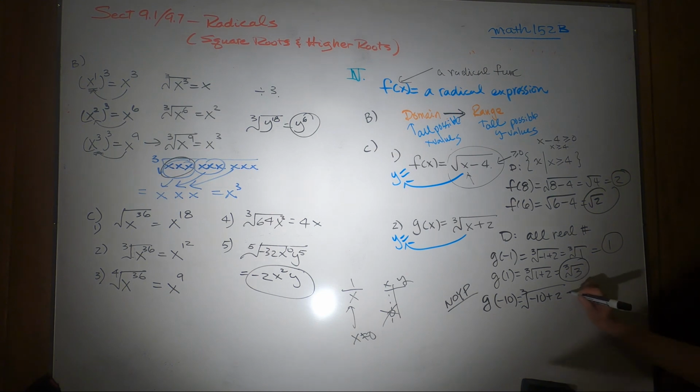So that would be the cube root of -8. That would be -2. That would be your answer for that. So we just start to introduce something called radicals. That will be our sections 9.1 and 9.7.